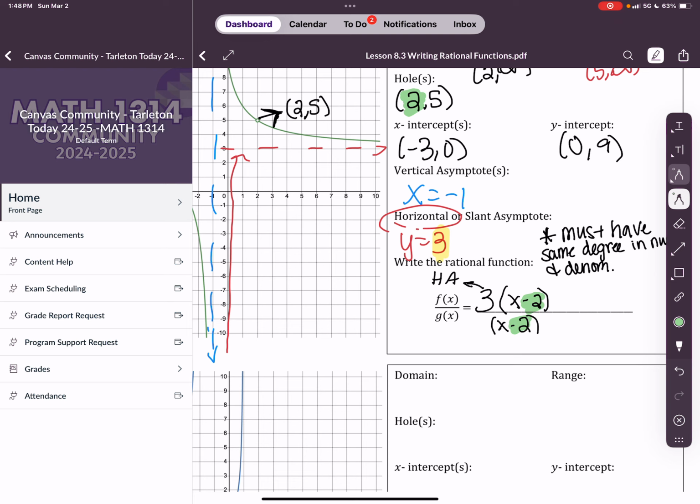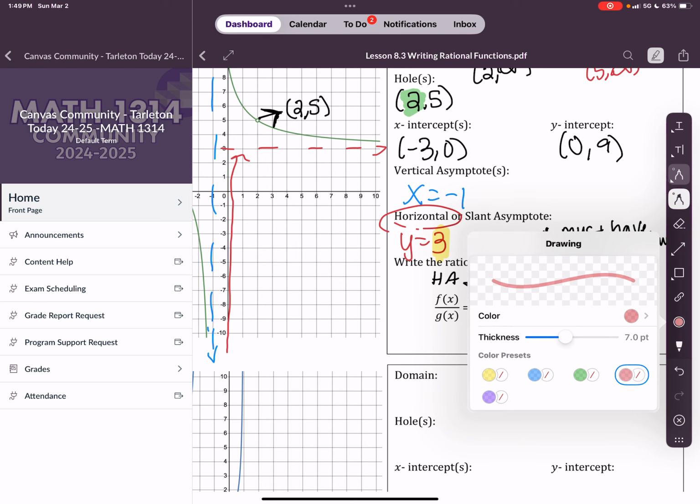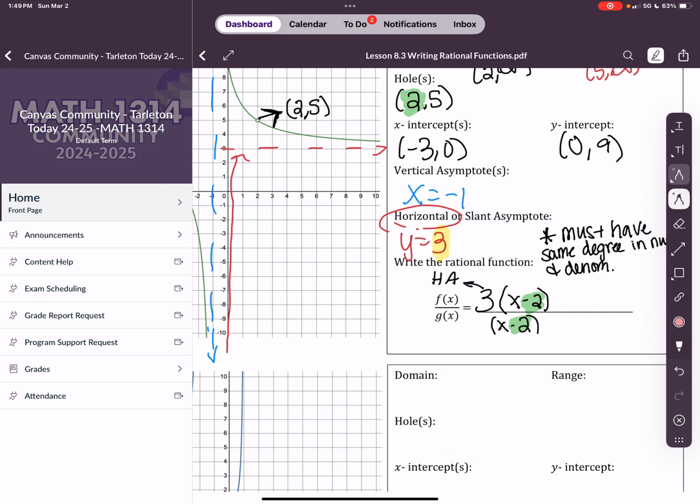Now I need to take into consideration my x-intercept. My x-intercept, I'm going to use in my numerator. So if it's an x-intercept of -3, I would write it in factored form as x plus 3.